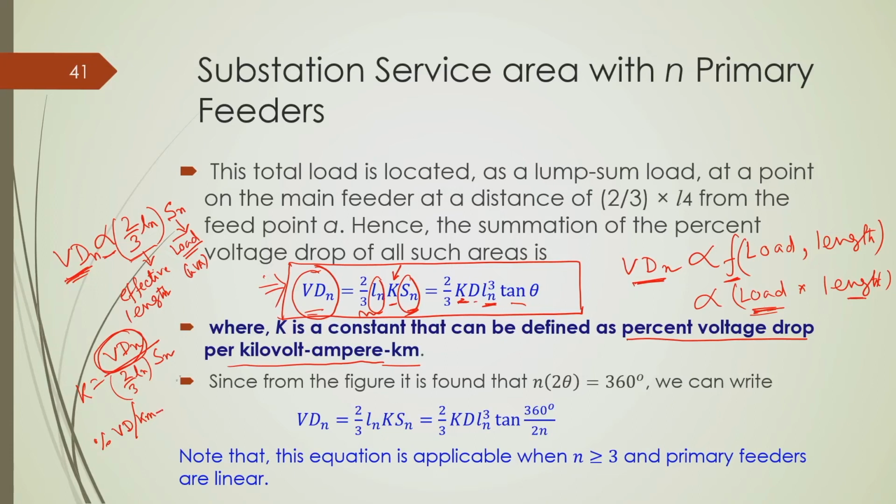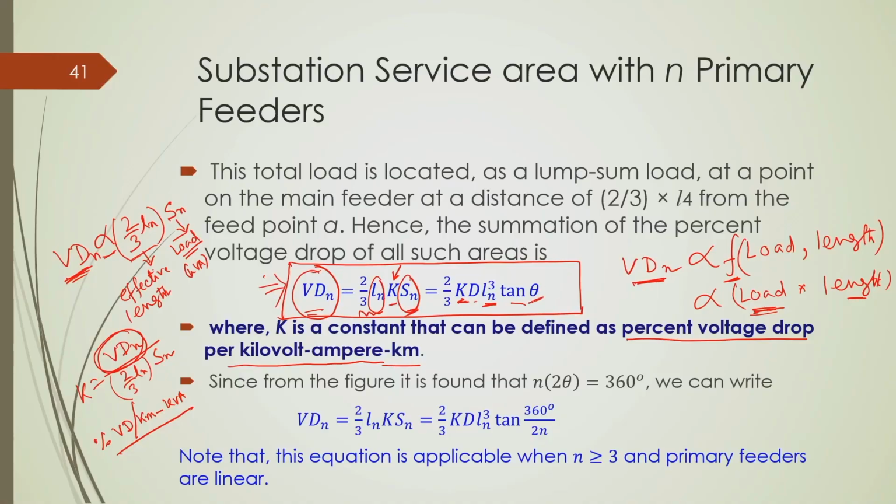Let us use kilometers, multiplied by kVA, which is the unit of the load. So, its unit is percentage voltage drop per kilometer kVA, or percentage voltage drop per kVA kilometer, both are the same.